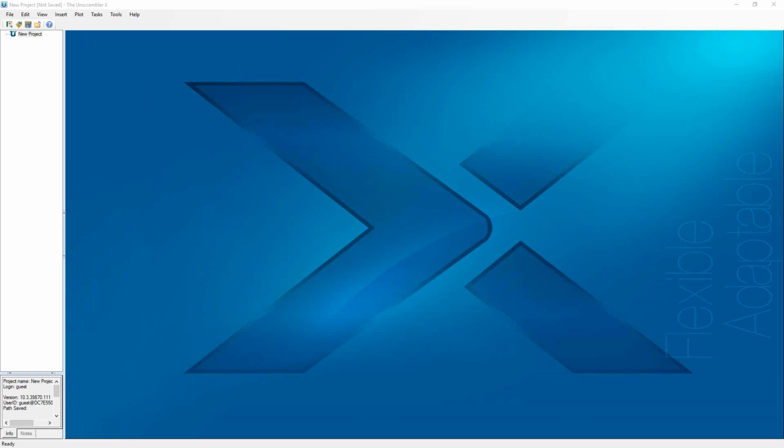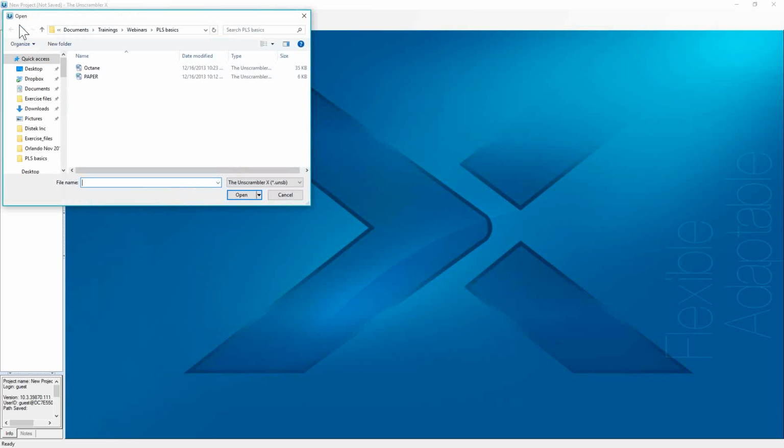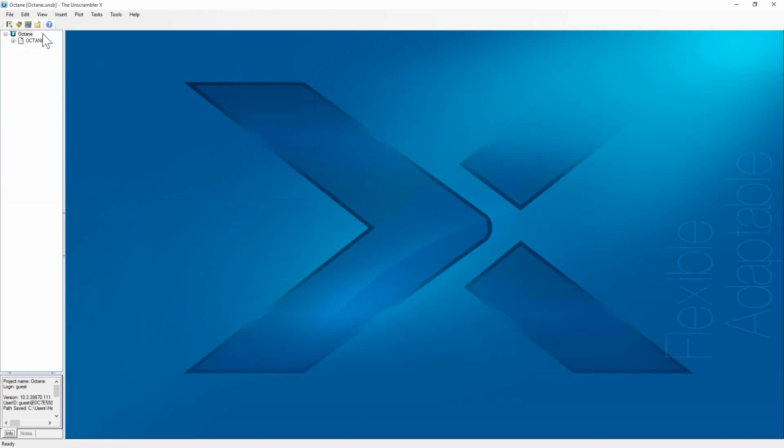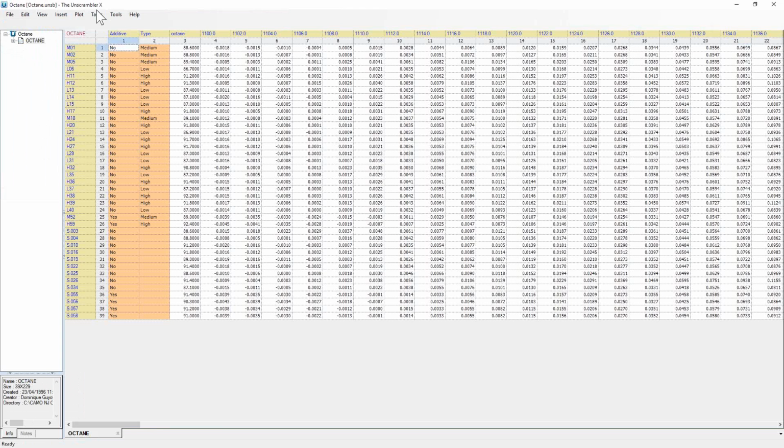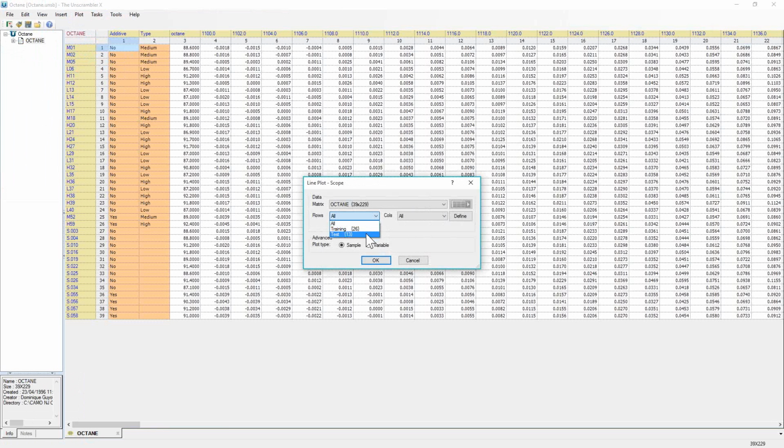So I have another example that we can look at that is going to be a spectroscopic example. What I have here is some IR data. I'm going to plot it for you of different fuels.